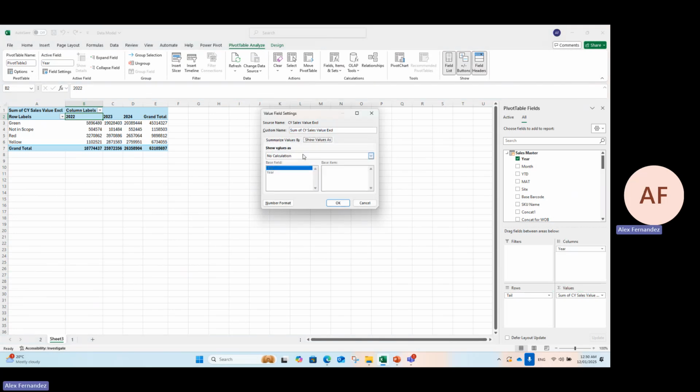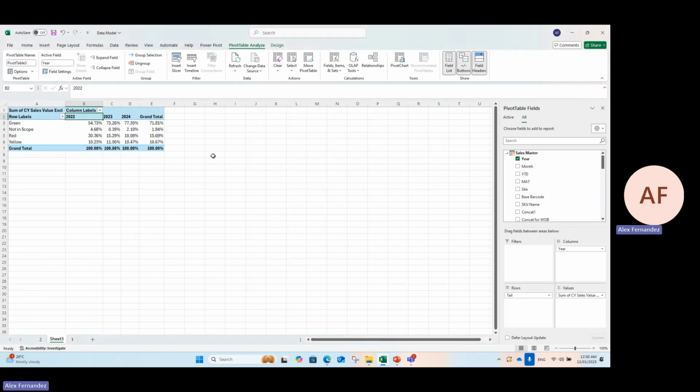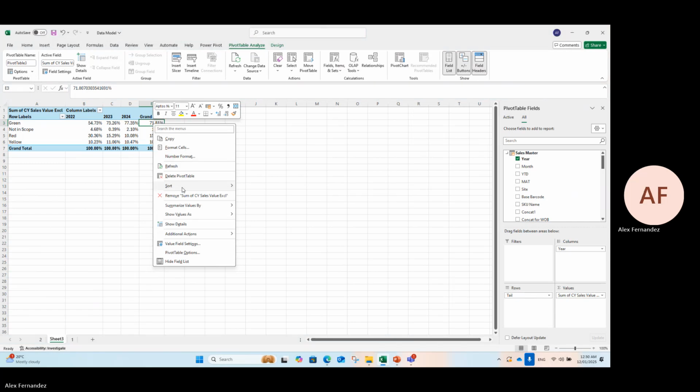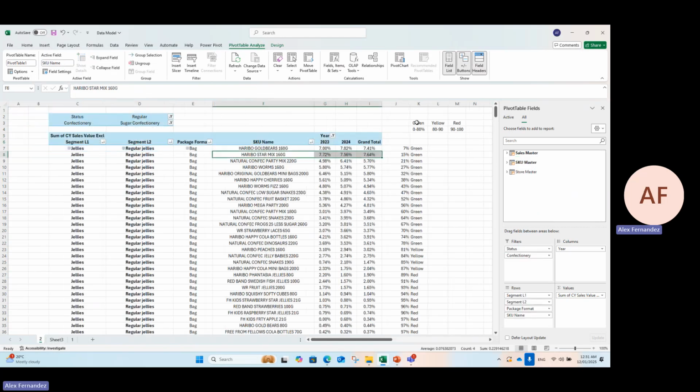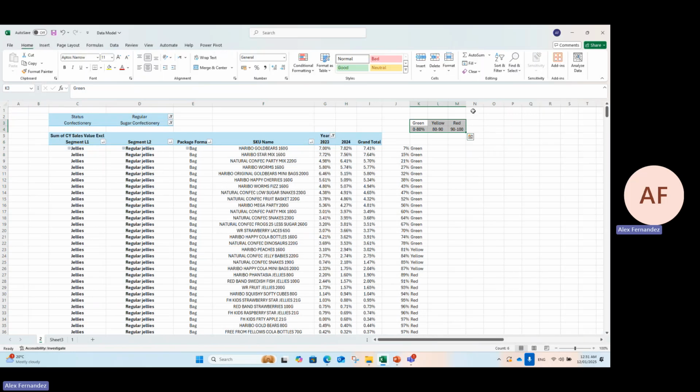We understand them based on column total. So we see green SKUs contribute to almost 77% of the sales value. 10% is red, 10% is yellow, and 2% are not in scope, which is in line with our direction.